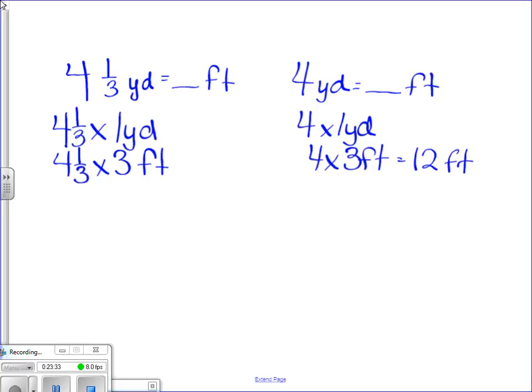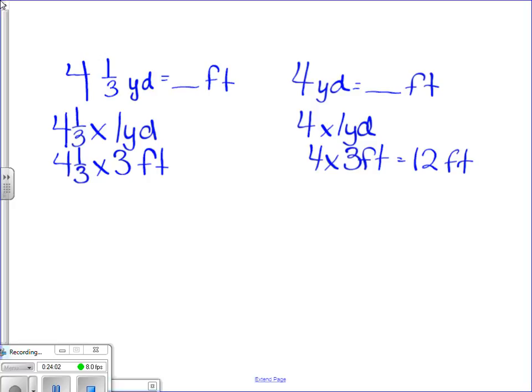So how do we multiply a mixed fraction? This seems like something that we did on a previous test. How do we multiply a mixed fraction by a whole number? Roger, what do we do? You multiply the 4 and 1, but not the bottom number.